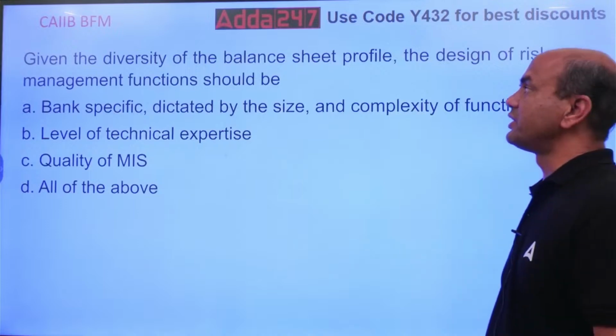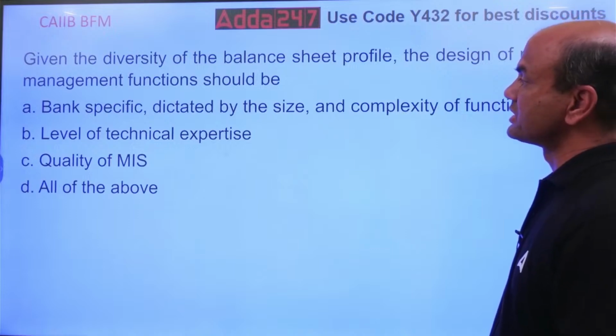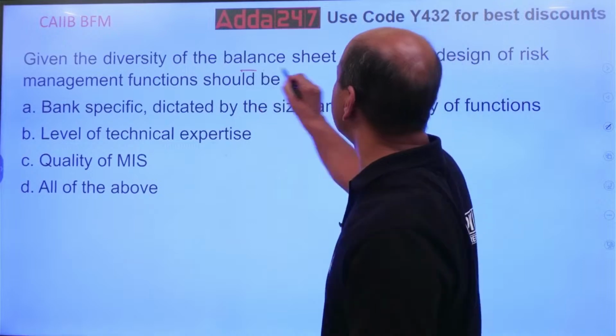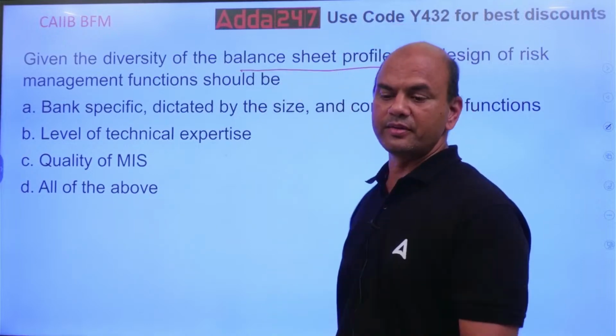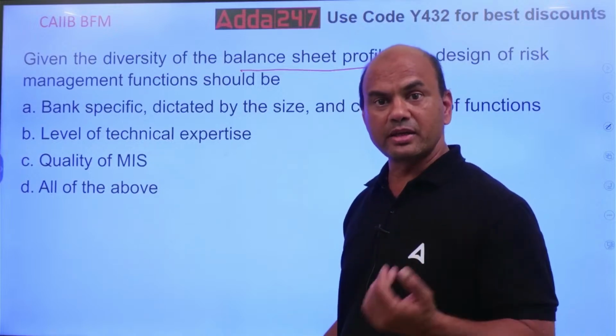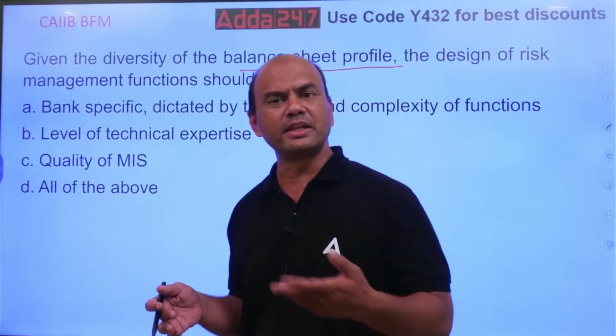Given the diversity of the balance sheet profile, the design of the risk management functions should be... What do you mean by diversity of balance sheet profile? Diversity means I am having my income from various sources. What are my assets in the balance sheet?